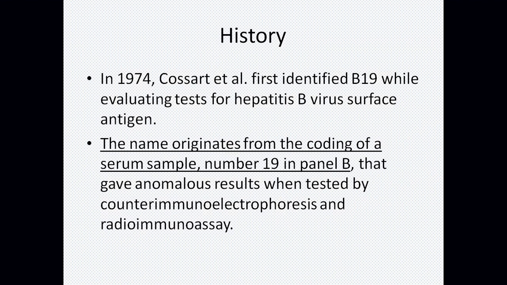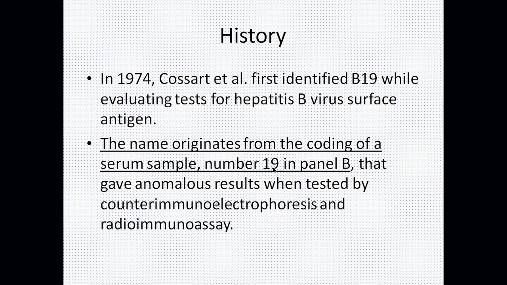So the human parvovirus is the B19 virus. Historically, why is it named B19? In 1974, Cossart et al. first identified the B19 virus while evaluating a test for hepatitis B virus surface antigen. He was generally doing hepatitis B surface antigen detection testing, but he accidentally found, in his panel B, the number 19 sample. He had many samples, and that sample number 19 in panel B showed some anomalous results when tested with counterimmunoelectrophoresis and radioimmunoassay.